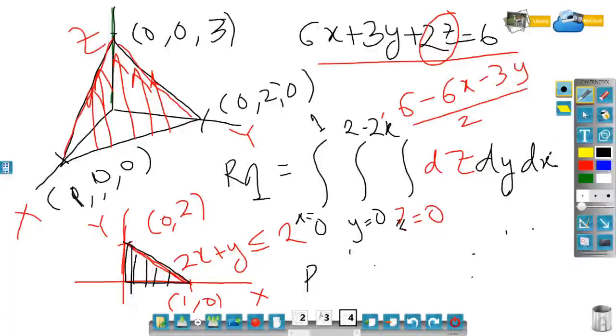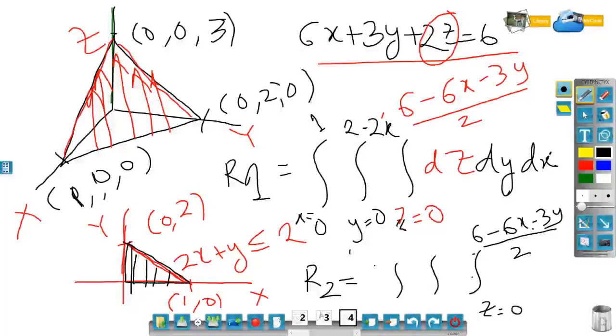My R2 will be, the inner limit will be the same only, z goes from 0 to (6 minus 6x minus 3y) divided by 2. Now here dz, it will be dx dy. So dx means I need to go horizontally.